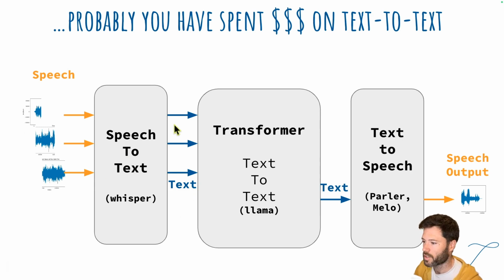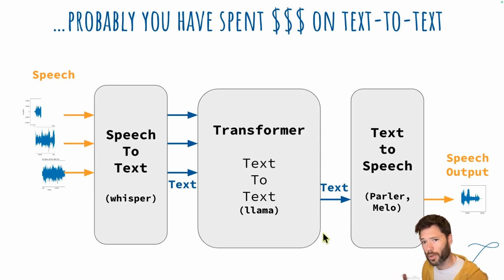And then you can feed the text into this original pre-trained model, like Llama. And then you can take the output text and put it into a pre-trained text-to-speech model, for example, a Parler model or Mello. These are two we'll talk about later. So this is how you do a modular-based approach for multimodal. You just cobble together three different models: speech-to-text, text-to-text, and text-to-speech.